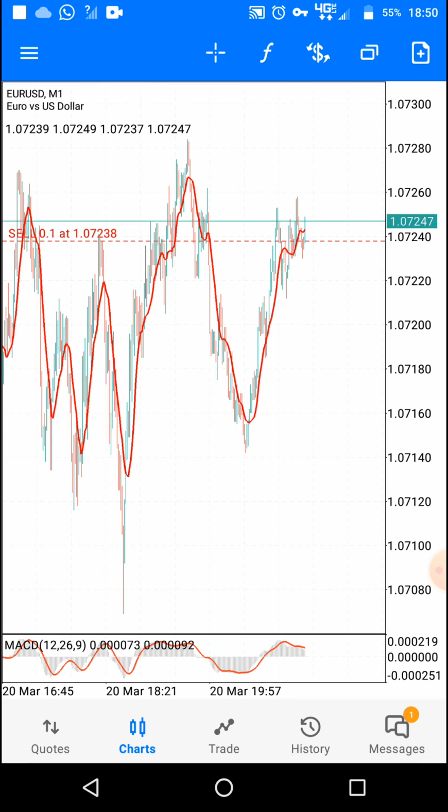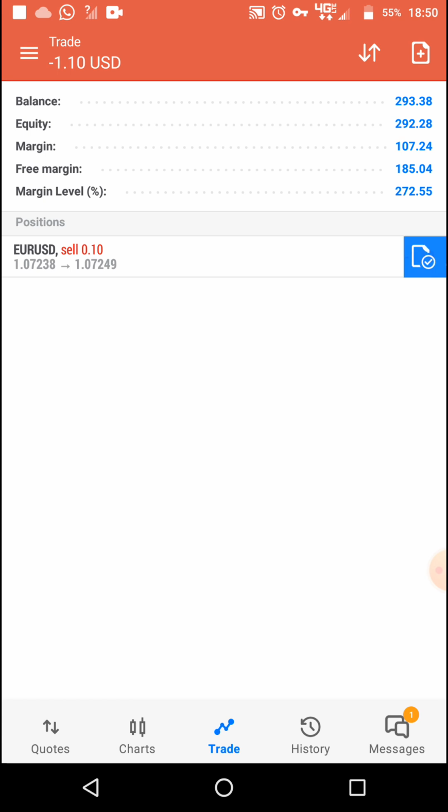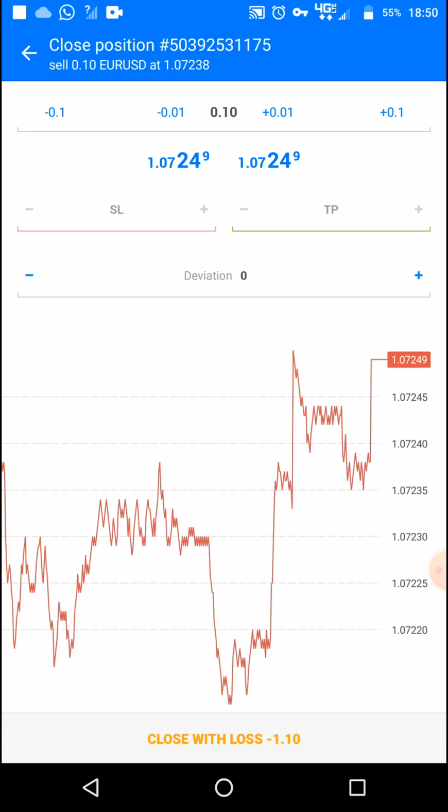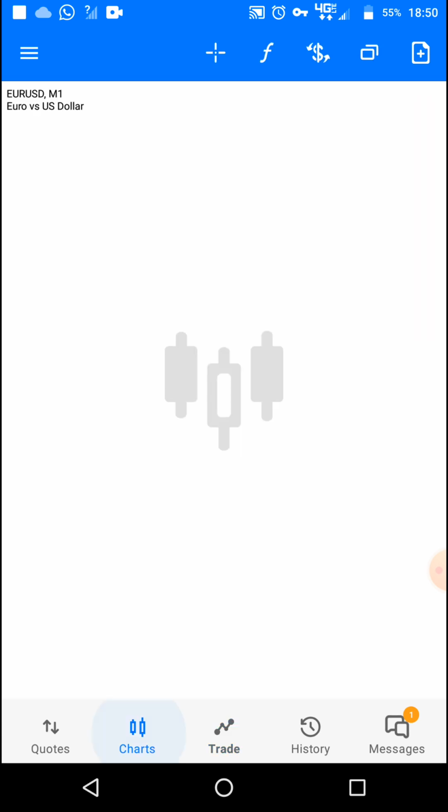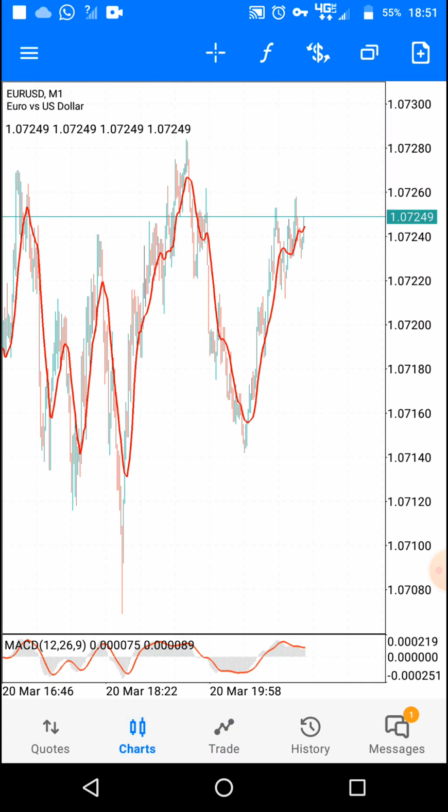But we have some traders who are not patient and they are scared, so once they see they are losing, they'll go and close it. If you don't want to be that type, just set your stop loss and set your take profit, so that when it reaches that stop loss, the market will stop for you.